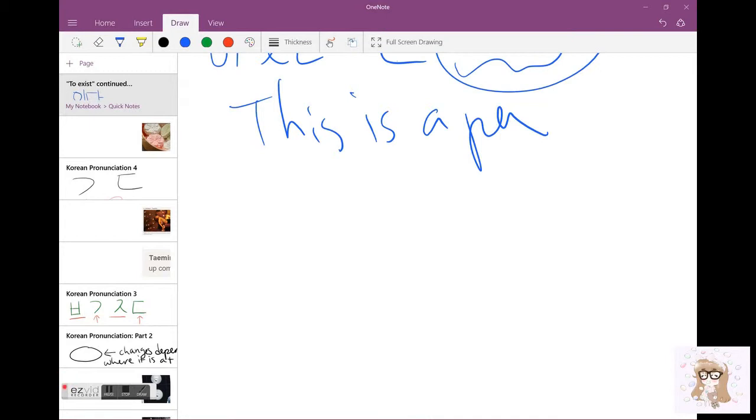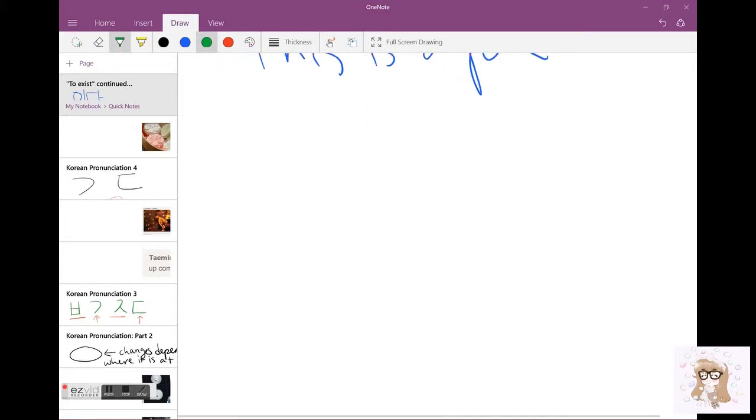What else do I have here to look at? Okay, I kind of want to get to the part where I explain what e and ga is used for. I already went over that e is used for places. So like you want to say I am at school, you know the word for school is 학교.